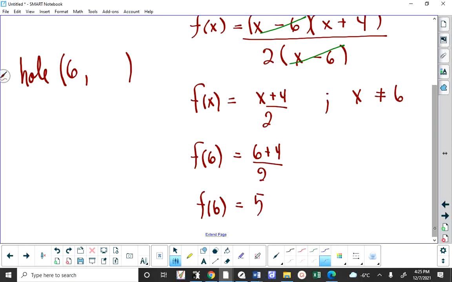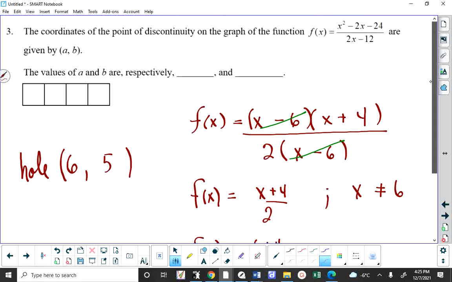You're finding the y-coordinate that isn't there when the x-coordinate, which is 6, isn't there. In other words, and that's a very convoluted way to describe it, you're finding the y-coordinate of the point that doesn't exist because you used an x-coordinate of a point that doesn't exist. So the answer to this question is 6, 5.